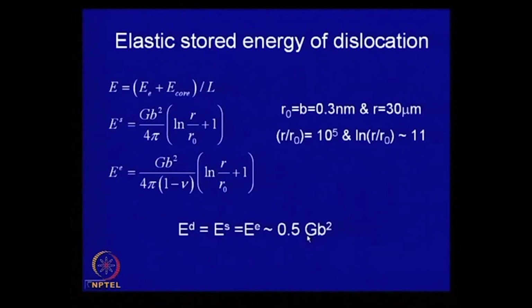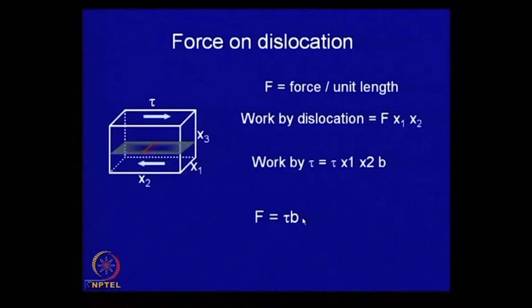G is the shear modulus, b is the Burgers vector. So, as a thumb rule, b represents the strength of a dislocation and b square roughly expresses the energy, because the shear modulus is a constant for the crystal.